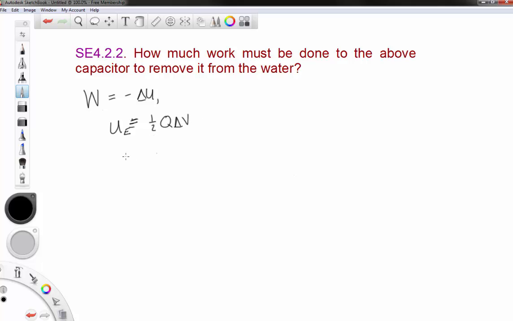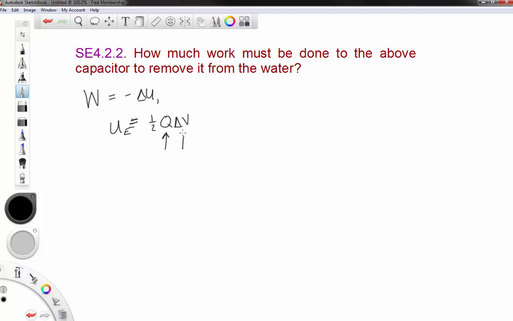And since we basically are assuming that this thing has been charged, there's two possibilities. It could still be plugged into a battery or some other power supply, some other source of charges, or it could be unplugged from the battery. And what happens actually depends on which of those two situations we have. If it's plugged into a battery, then the voltage is going to remain constant across it, and instead the charge is going to change.